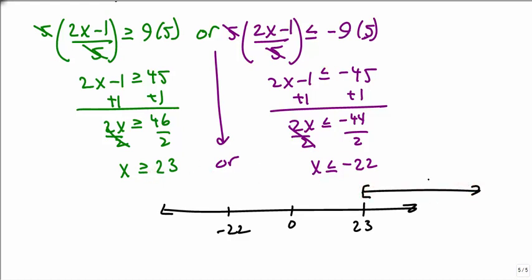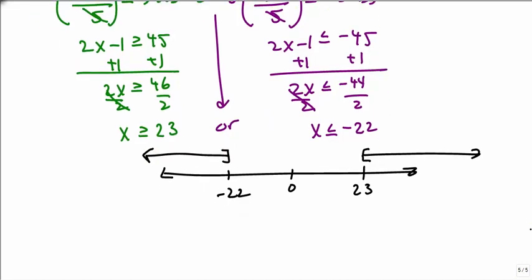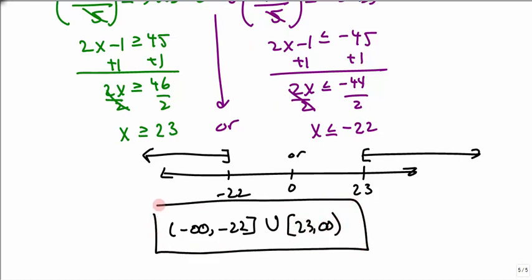Greater than is to the right. Negative 22, I have an equal sign, so I use a bracket, and I'm using less than. So when I write these out, remember it's an OR, it's not what they have in common, it's what's covered. This would look like negative infinity to negative 22, or we're going to use our bracket, not a parenthesis, 23 to infinity. And there's our solution.